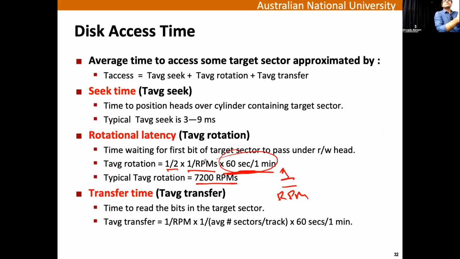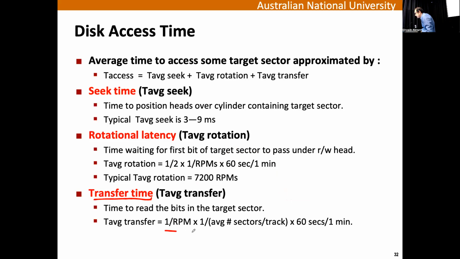I think when you look at the slides, you will figure it out. And the transfer time is the same, but you divide by the number of sectors per track, because you only want to read one sector. You don't want to read the whole track. So you divide it by the average number of sectors per track.